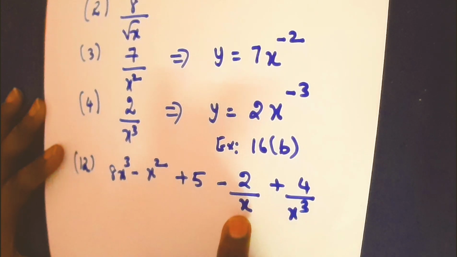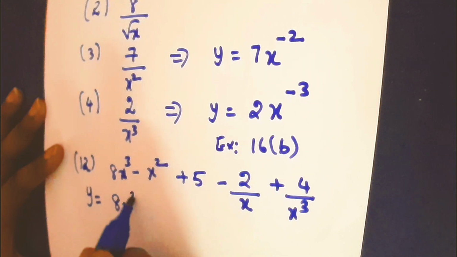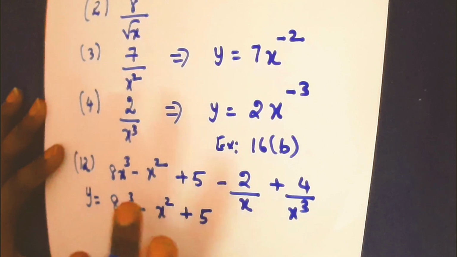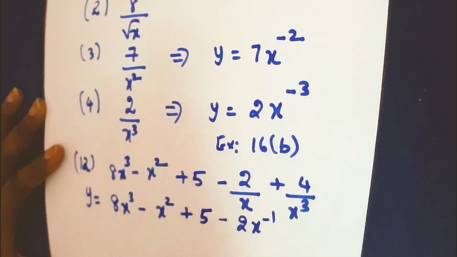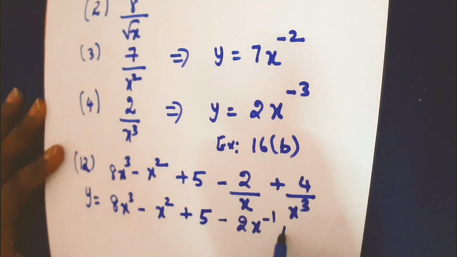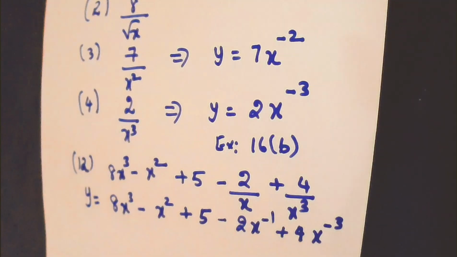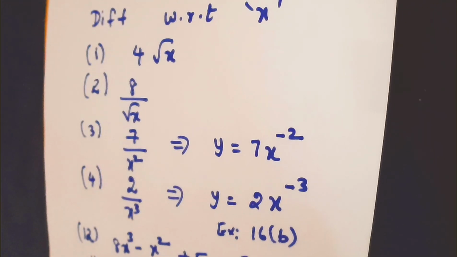Okay, and here you can first simplify. You can bring x to the numerator, become x to the power minus 1. If you want, I can write it. Y is equal to 8x cube minus x square plus 5, because we are not going to make any changes for this, minus 2x. If it comes to the numerator, it will become x to the power minus 1 plus 4x cube. If it comes to the numerator, it will become x to the power minus 3, and then you differentiate. Okay, you differentiate and practice well, students.